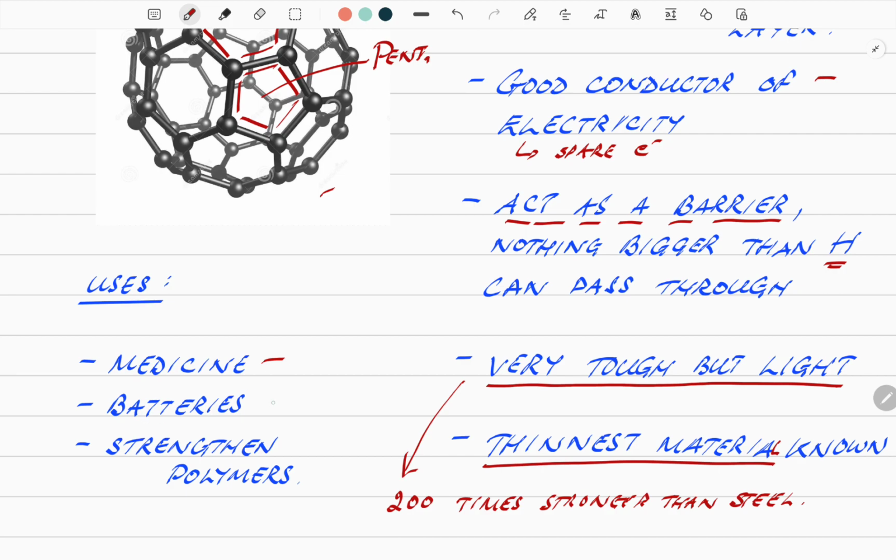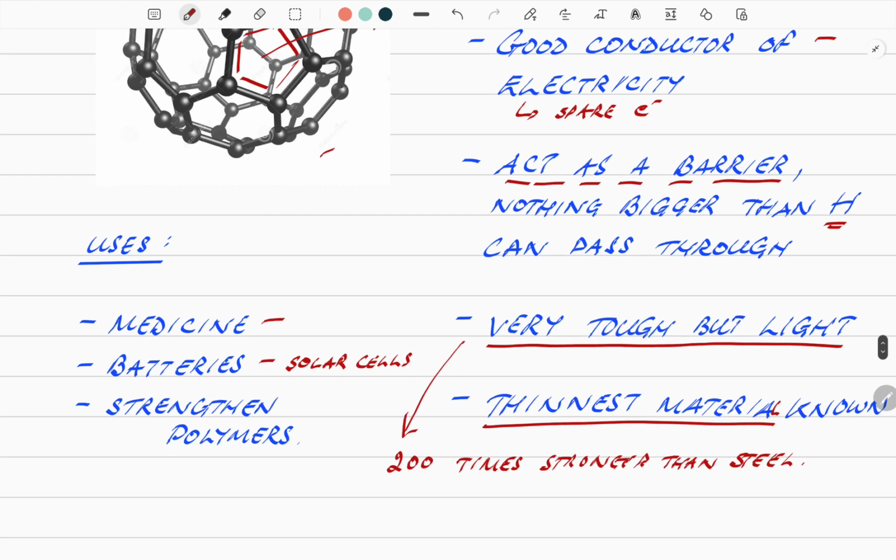It can be used in batteries and solar cells because of its excellent conductivity. And because of the strength, it can be used to strengthen polymers, so plastics, carbon fiber, that sort of thing. So it starts replacing metals and other resource-intensive materials.